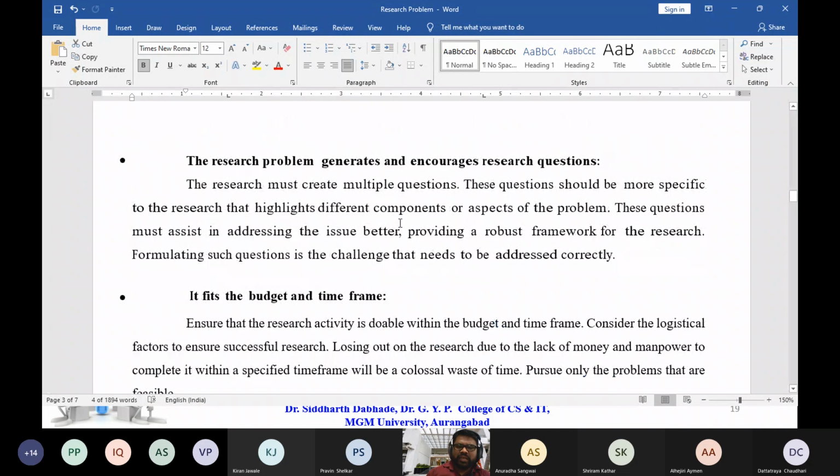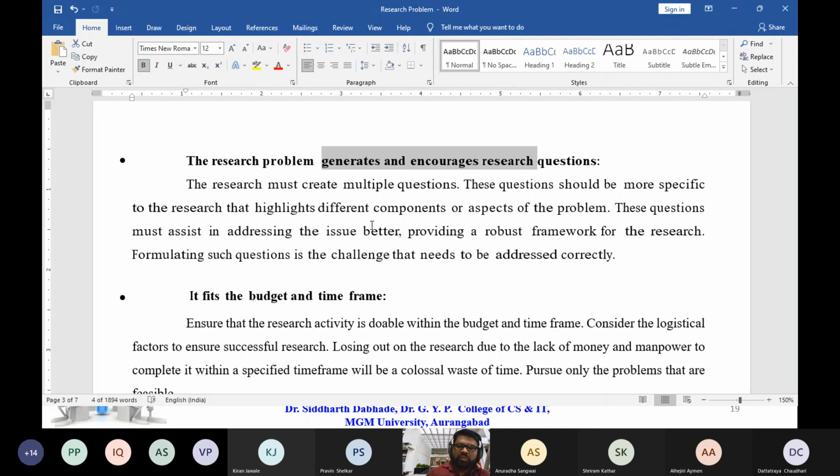Another thing is that whenever you are trying to decide your research problem, it will generate and encourage research questions. Okay, so you know that most researchers have given the drawbacks of their research problem or their work, or they are trying to mention the future work of their existing problem.